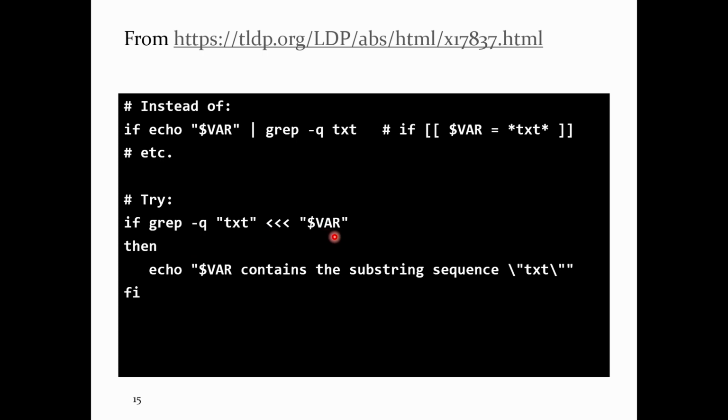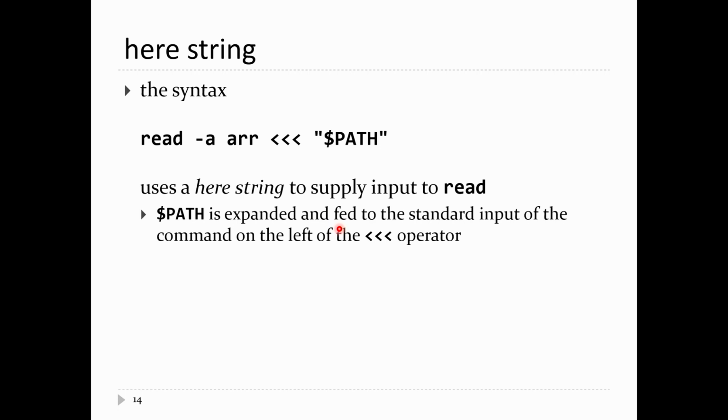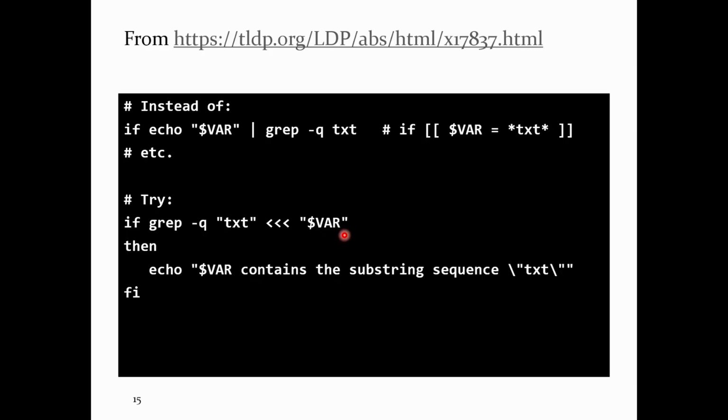This is the same thing using the here string. I'm going to take whatever value is stored in var and feed it to the standard input of grep. Grep's going to look for anything that matches txt, and then it will echo that var contains the substring sequence txt.